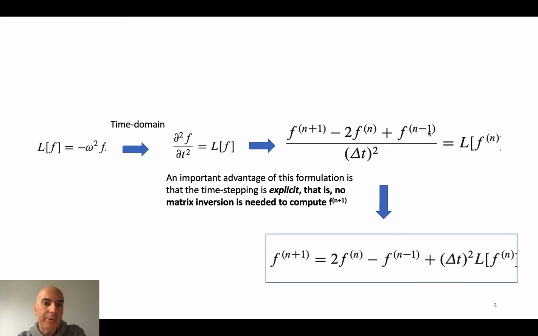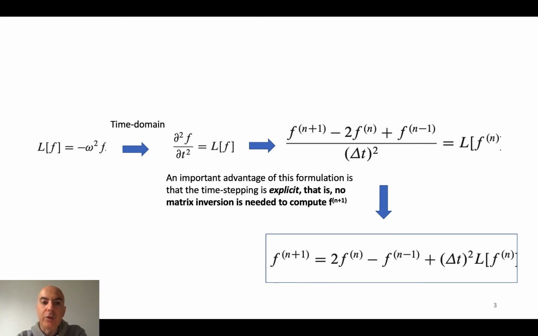Since we are going to use a second order approximation, not only are we going to need the values of f at time n, but also at n minus 1. And then we have the second part that is applying the operator on the function f at time n. One important point about this formulation is that the time stepping is explicit.